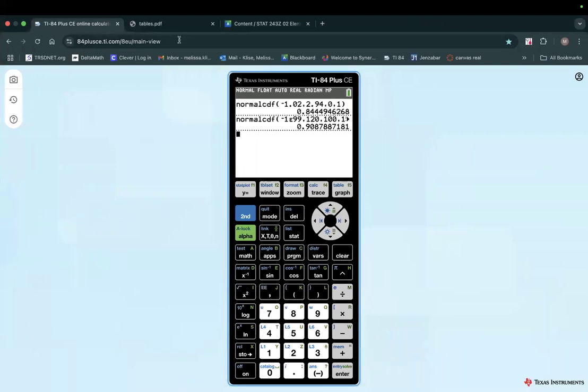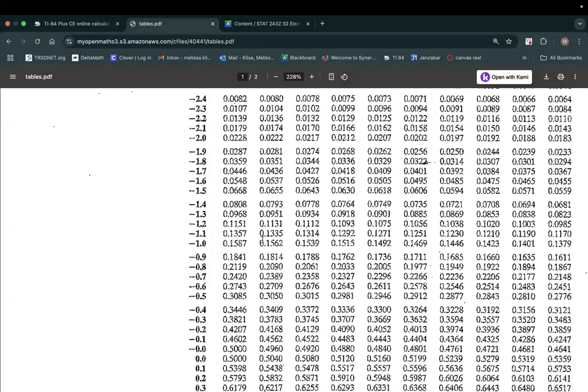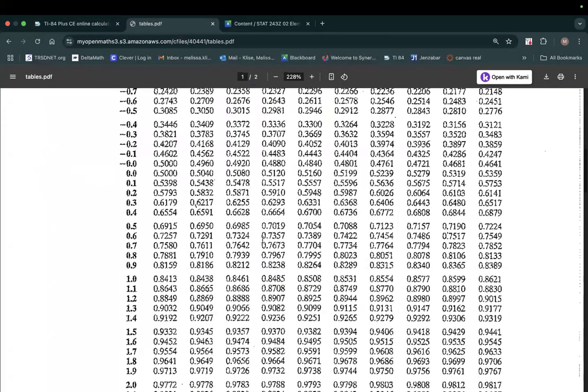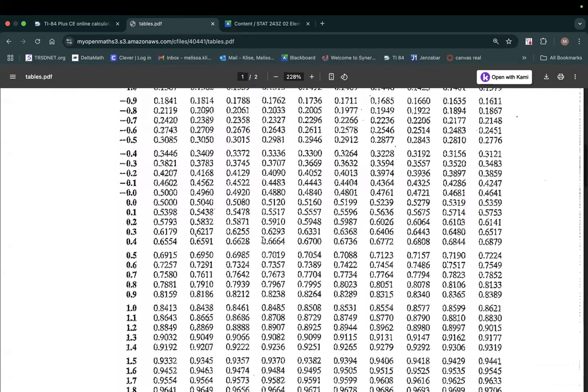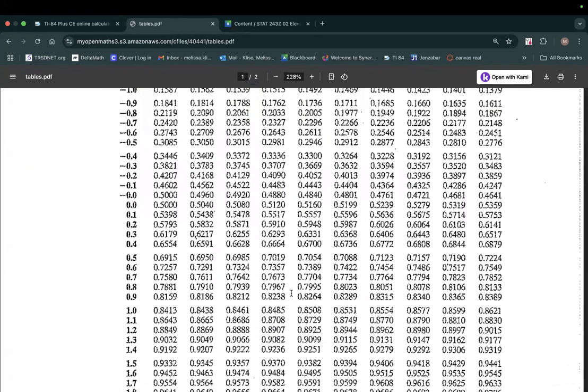Pop over to my z table. In the body of your z table, you're not going to find the exact number. So right here, I see 0.8508. This one's 0.8485. This one's closer, so that's the one I'm going to use.